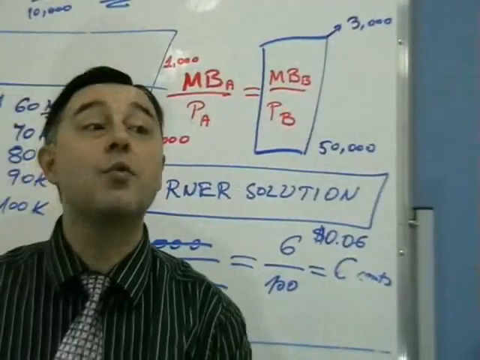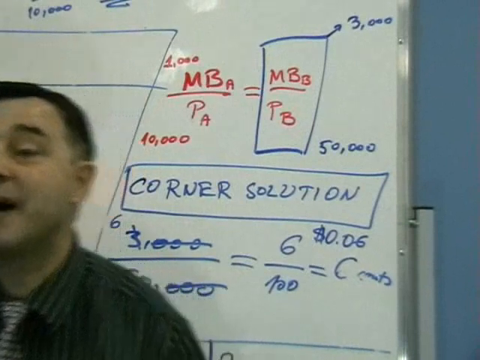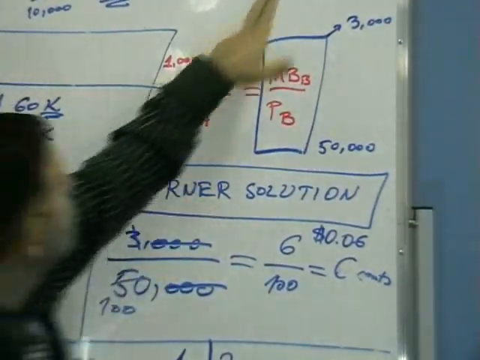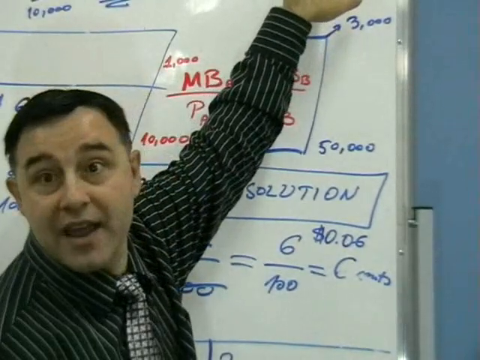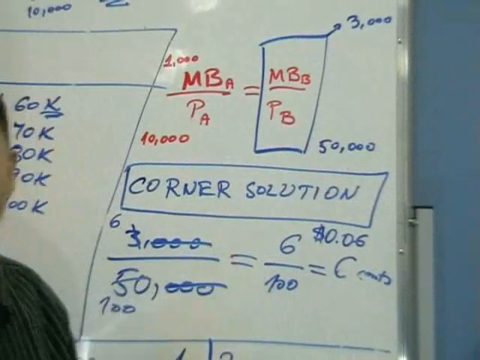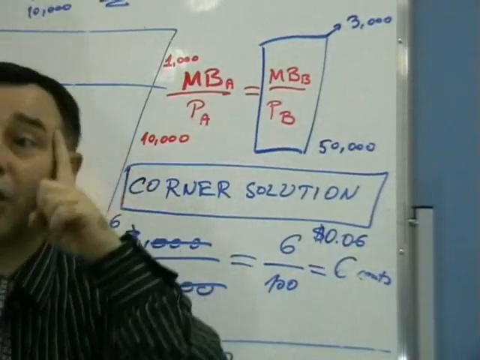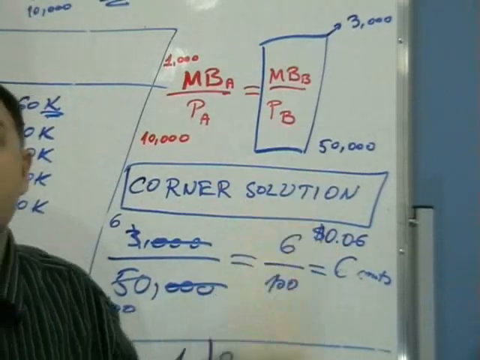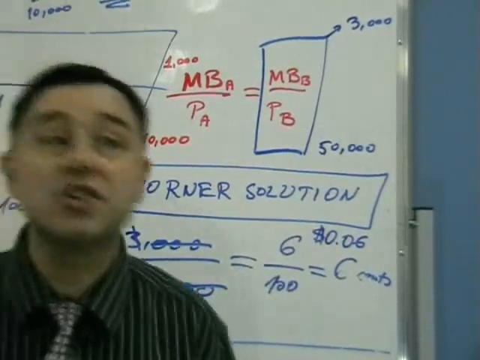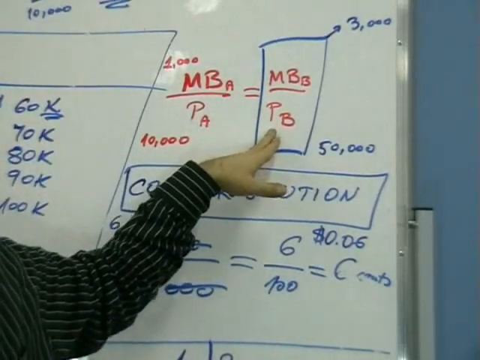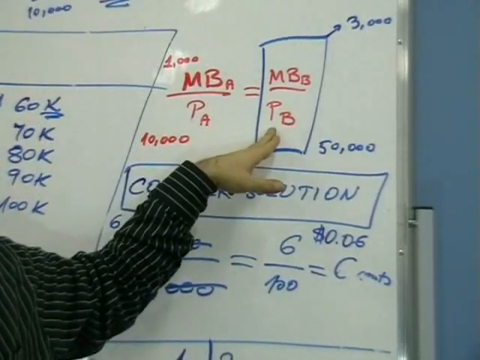In the one case, you maximize by the absolute value of the profit. The absolute value is 3,000 and 1,000. In the other case, you maximize on the profit per dollar. The optimal solution is always satisfying this requirement or a corner solution.